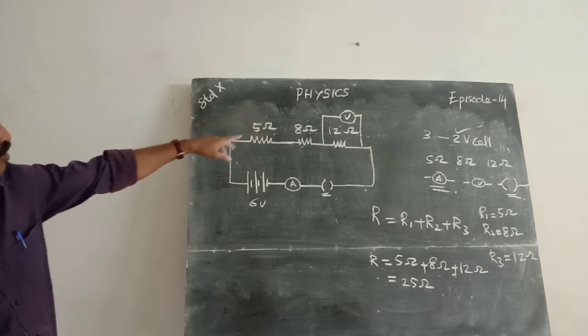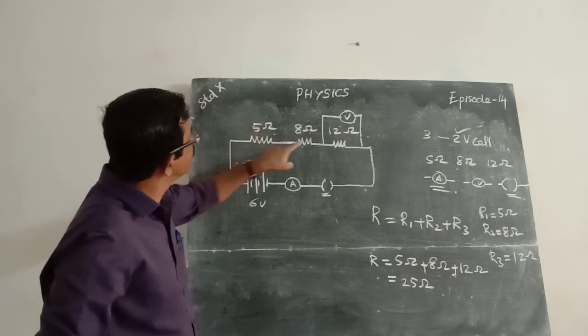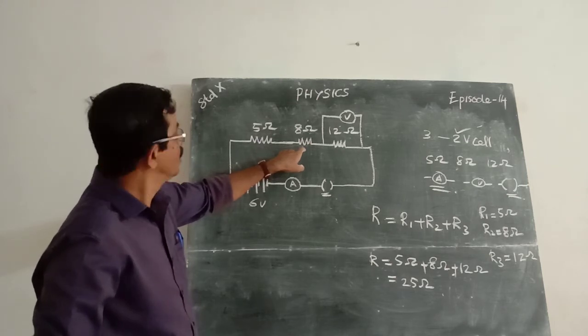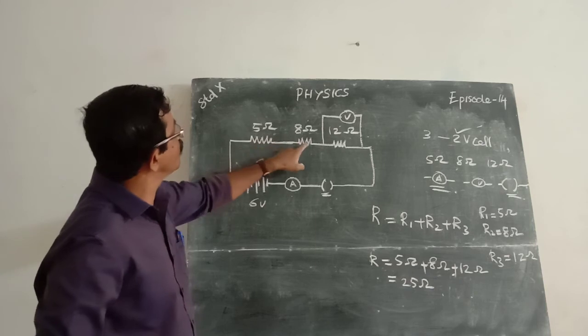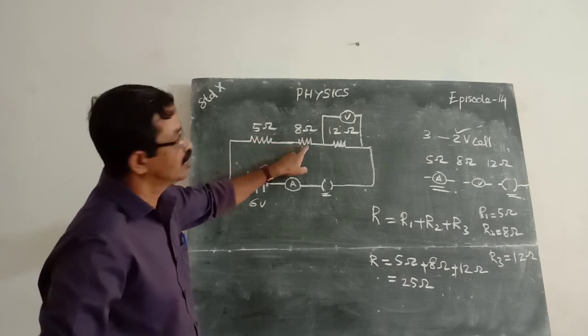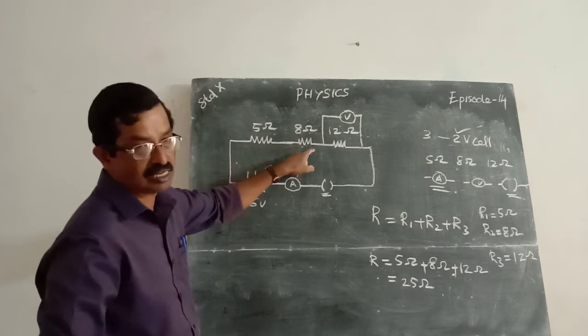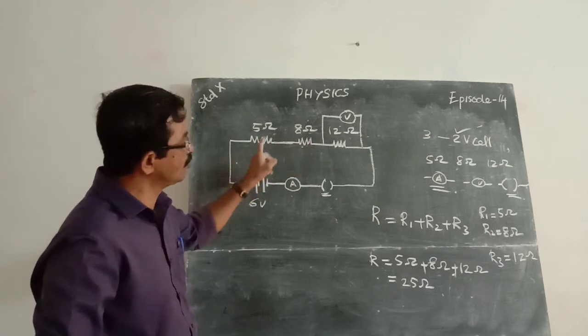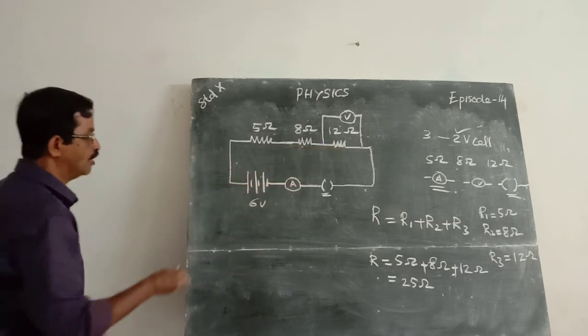We know when resistors are connected in series, the current through the 5 ohm, the current through the 8 ohm and the current through the 12 ohm are equal. So the same current is flowing through all of them. So we are going to find the current.